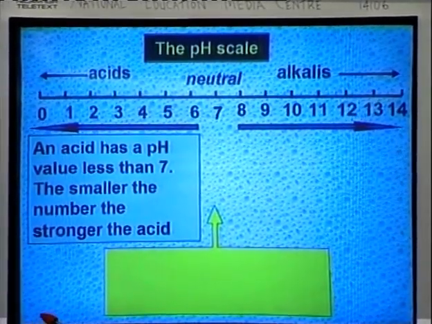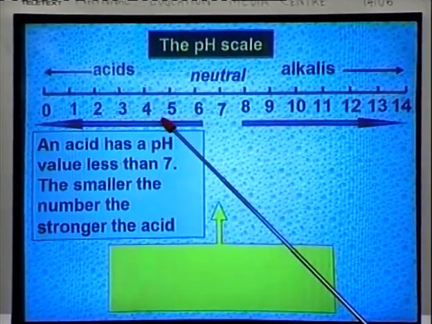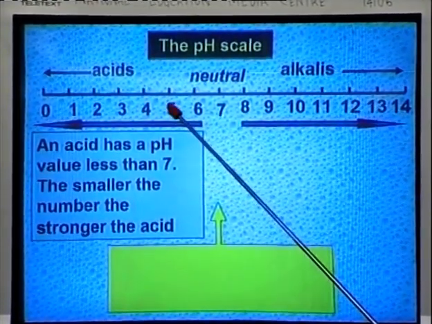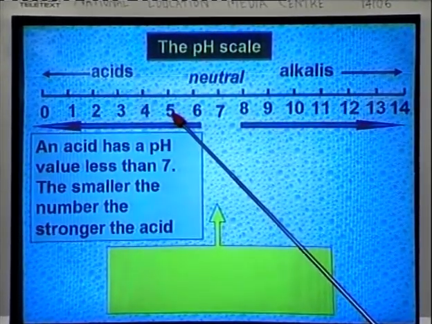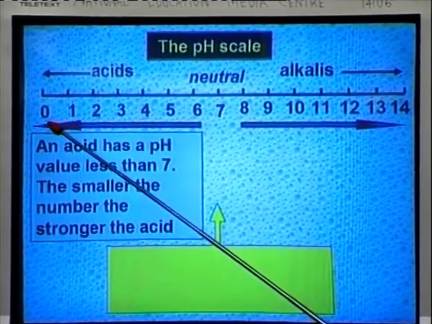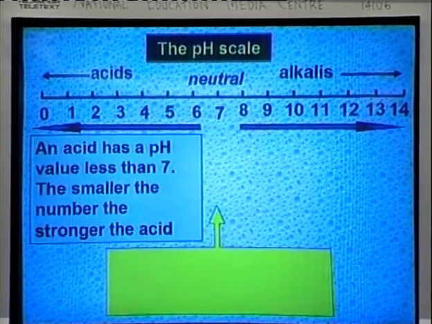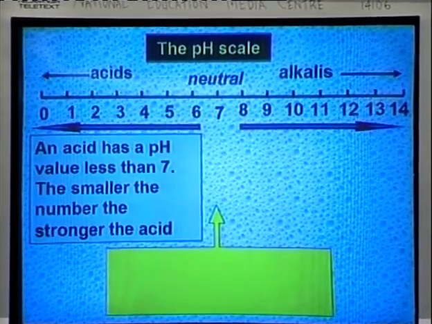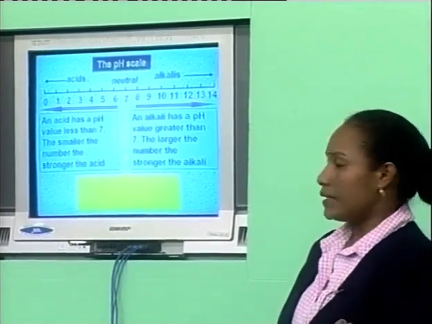If the acid has a pH value of 4 or 5, that acid is not very strong, it is slightly strong. But if you have a pH value of 0 or 1, that shows that the acid is very strong.